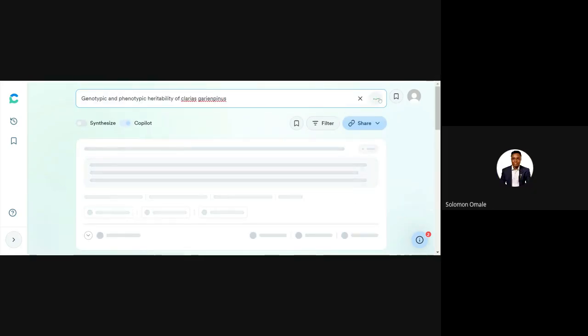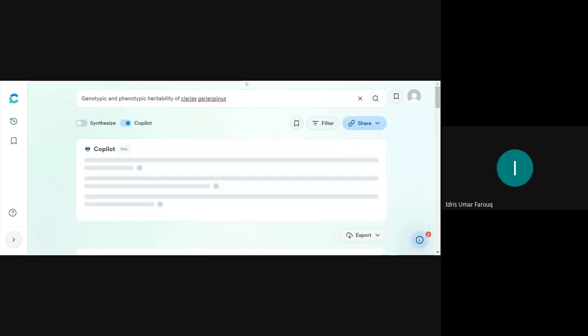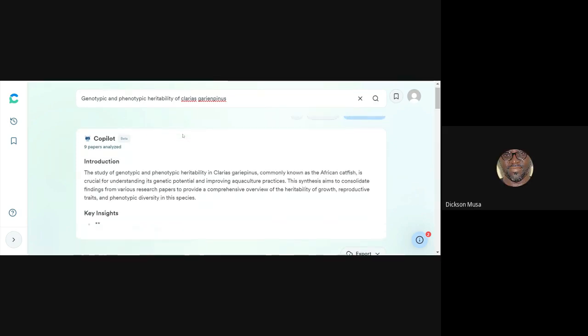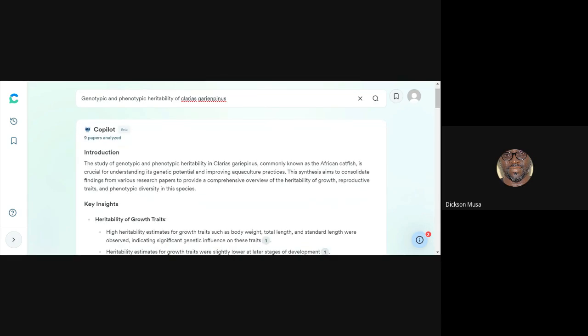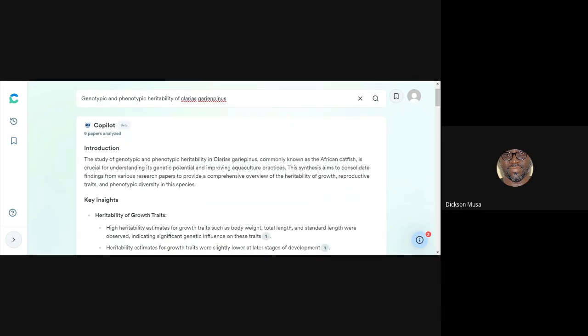Let's search phenotype heritability in what? What is Clarias gariepinus? It's a fish that you eat every time. So should I just say fish? You should have just said fish.